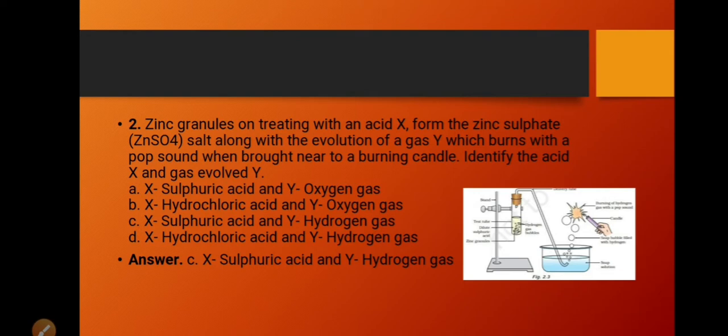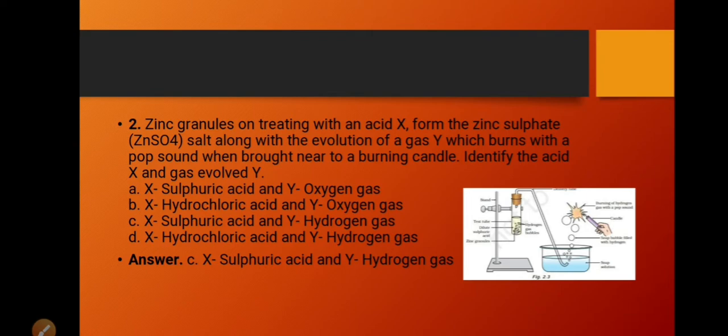Identify the acid X and gas evolved Y. In this experiment the hydrogen gas is evolved.